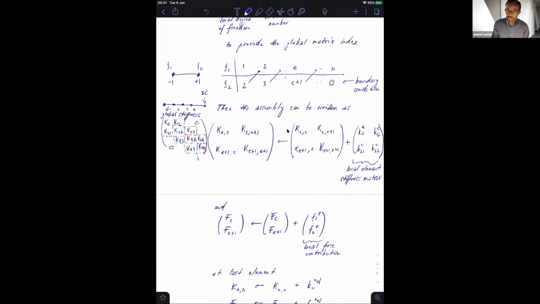So that's the right way of writing it. It's just trying to put these things at the right place when we assemble now the global stiffness matrix, when we have all these local element contributions. Is that clear? So when you focus, for example, on this element, it will have a contribution from element 1 and element 2 because they share this global degree of freedom.